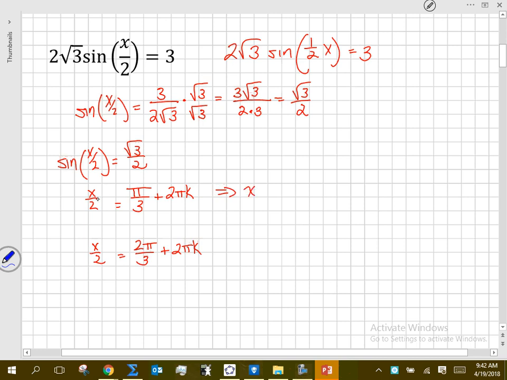What would I need to do to solve this for x? Multiply by 2. So x is going to be 2 pi over 3 plus 4 pi k. This one here is going to be, no, sorry, 4 pi over 3. Messed that up. Multiplying by 2, right? Plus then 4 pi k.